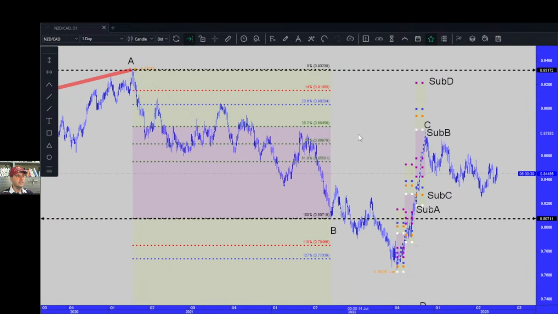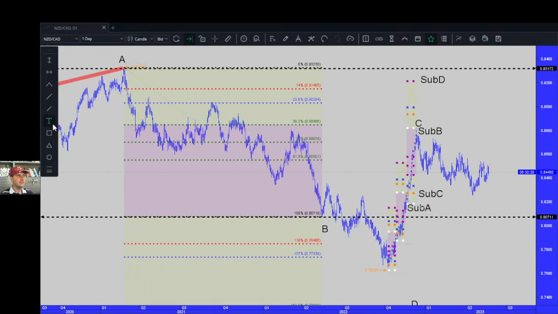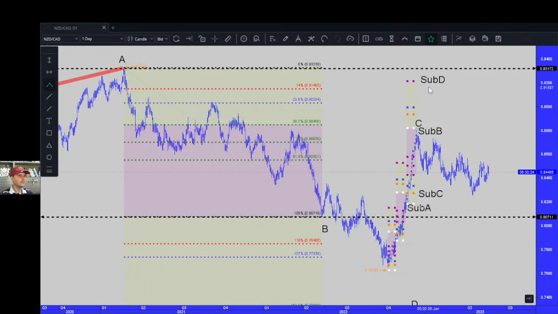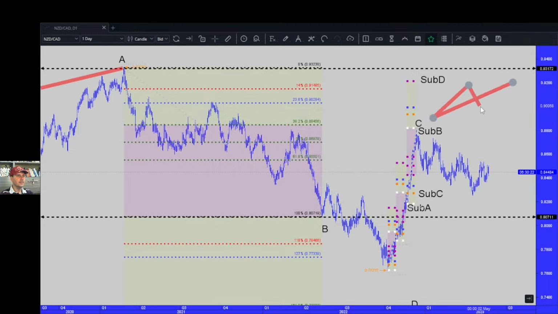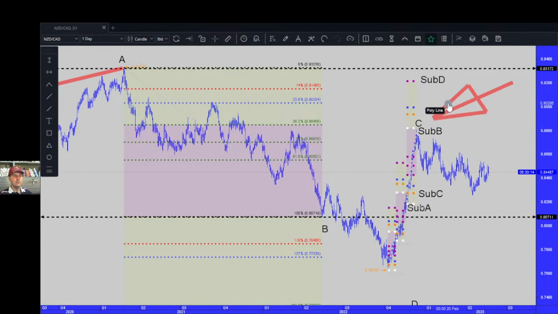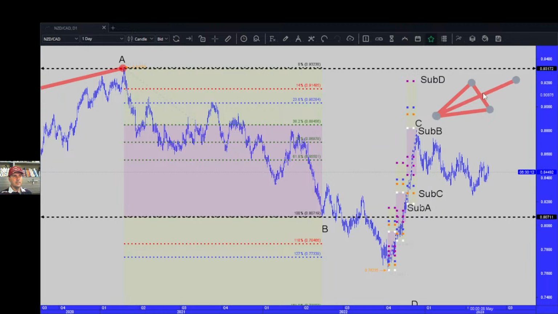Everybody, is the daily C confirmed? Yes or no? Everybody, is the daily C confirmed? Yes or no? What do you think? Broto, especially you. Is the sub D above the capital A on the daily? Is the capital C confirmed?